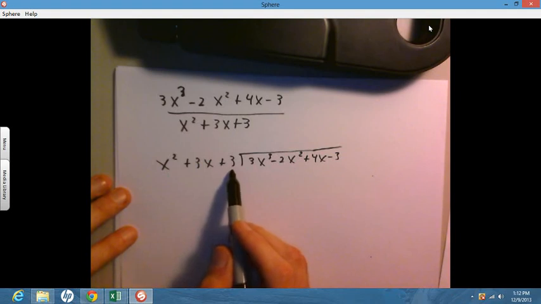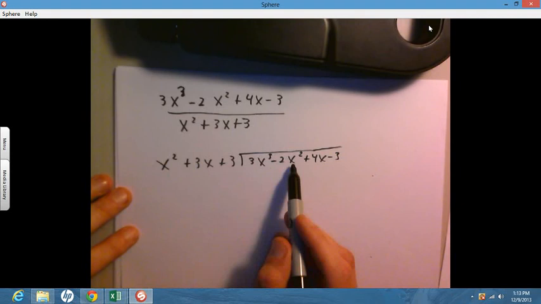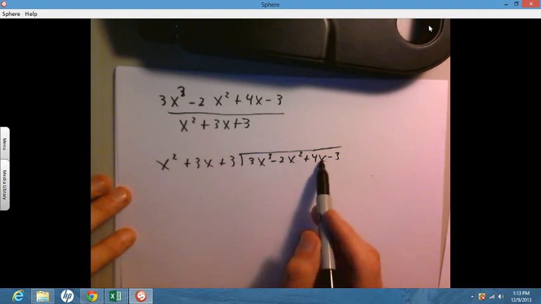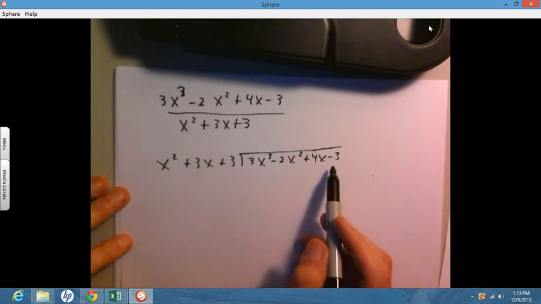And over here I have the same way, 3x cubed, because cubed is the biggest power, then minus 2x squared, because 2 is the second biggest power, then plus 4x, because there's a 1 here, and that's the next biggest power, then minus 3 is a 0 order x. So we have them listed like this.